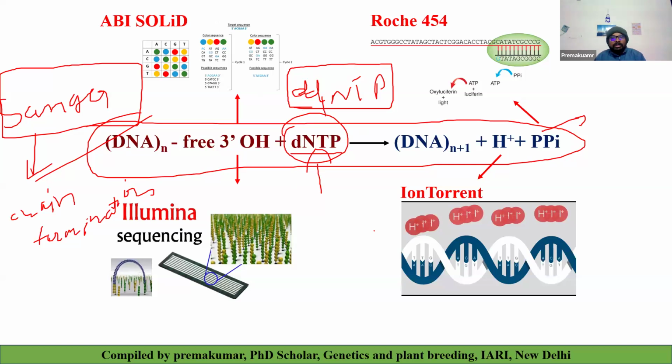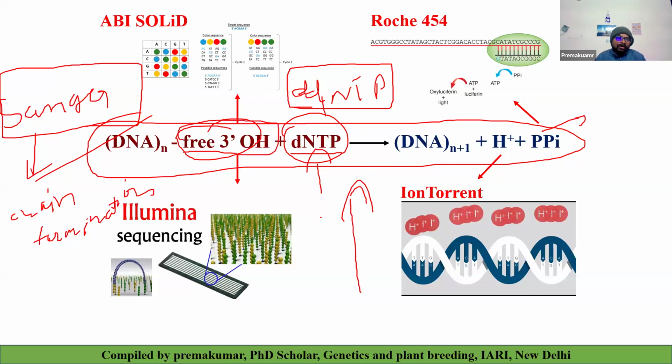Because DNA polymerase has one unique nature: whenever it has a free 3' OH, only then will the DNA polymerase start synthesizing the DNA and adding the dNTPs. But ddNTPs don't have this free 3' OH group.